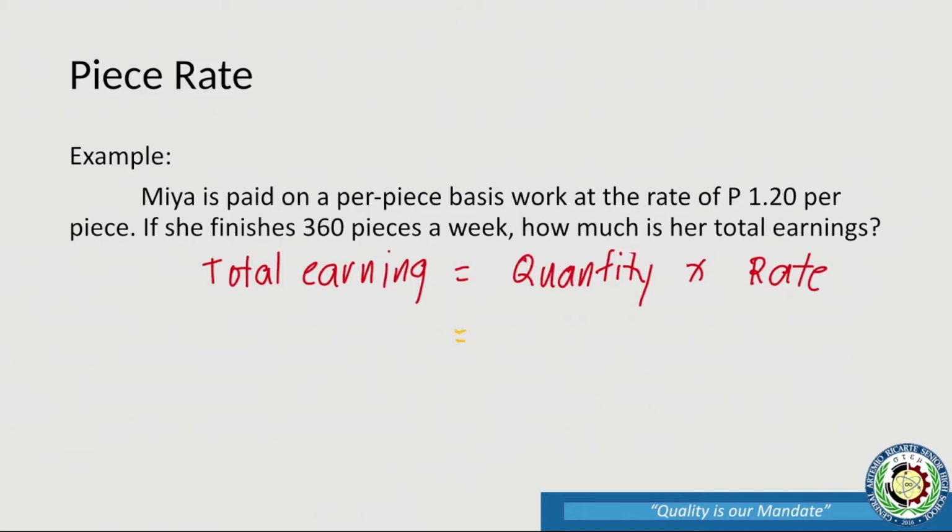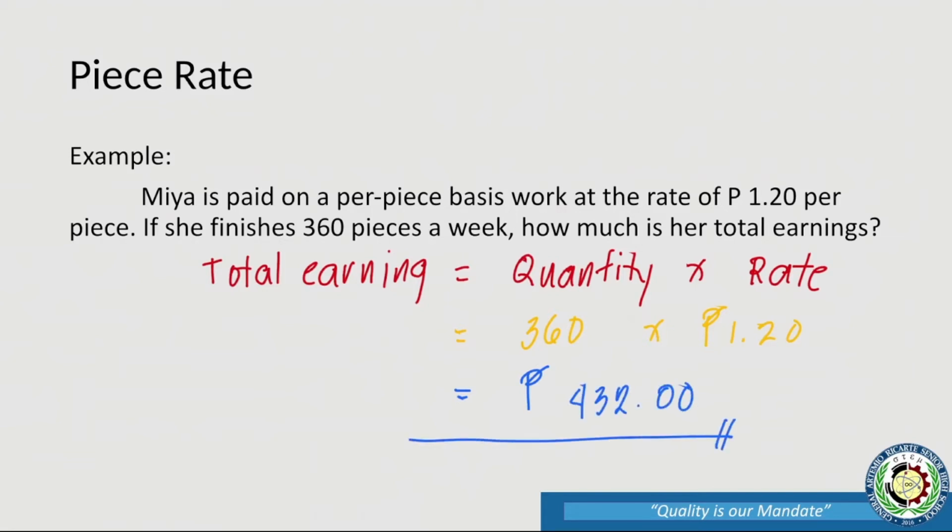As given in the problem, the quantity is 360 and the rate is 1.20 pesos. Now, the total earning of Mia would be 432 pesos. That would be the total earning of Mia.